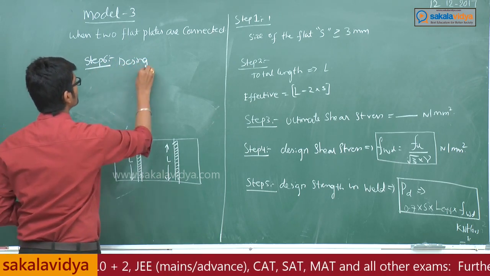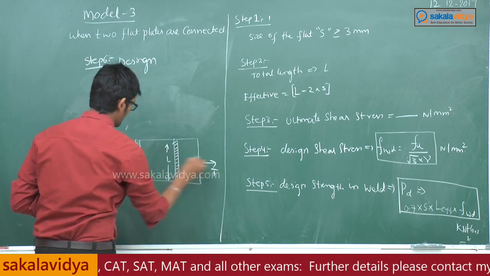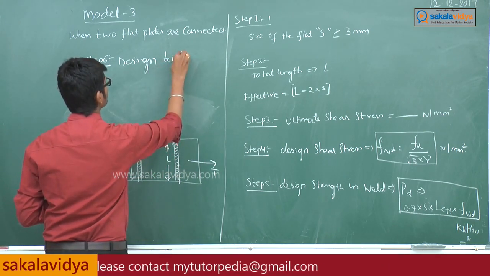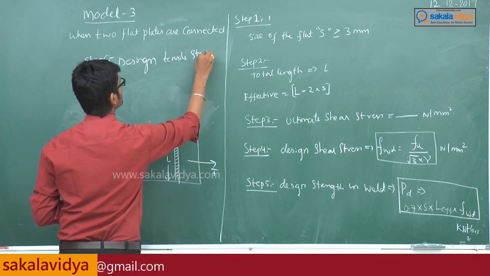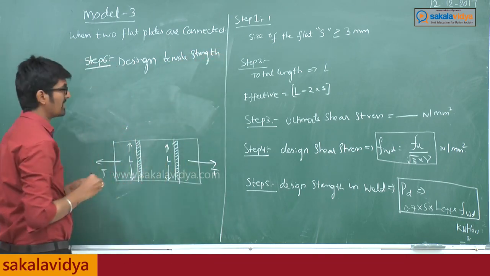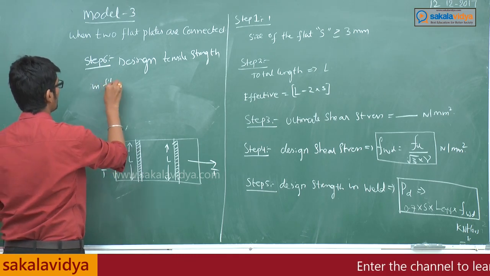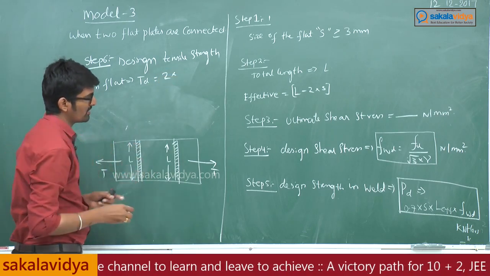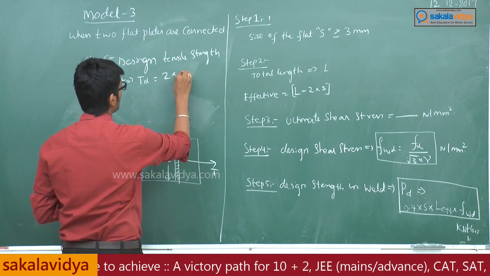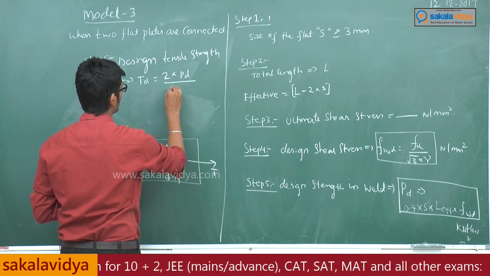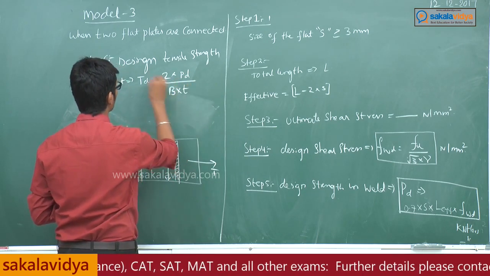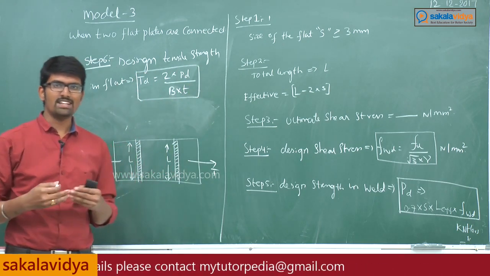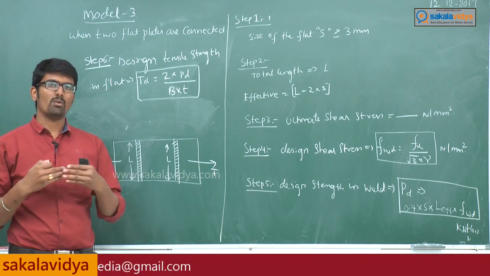design tensile stress in the flats. The design tensile strength, sorry, it is not stress, it is strength in the flat, TD, is equal to 2 times the design strength in the weld PD by area of the plate, that is B into T. So, this is the design process when the two plates or two flats are connected together by using a gusset plate overlap.